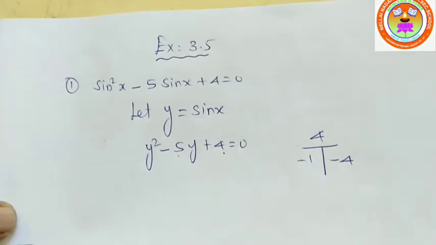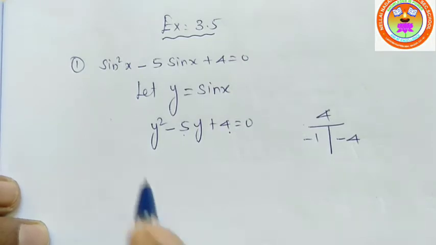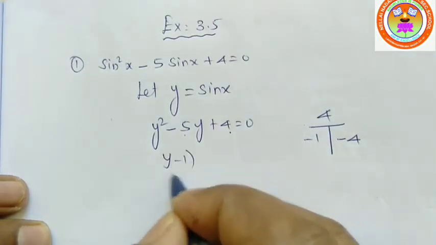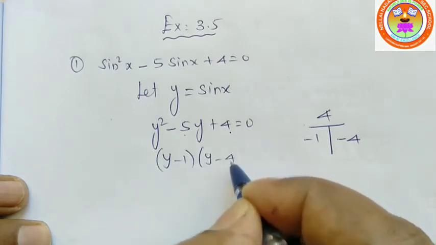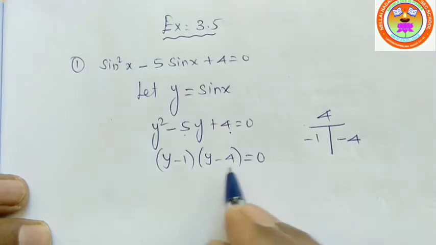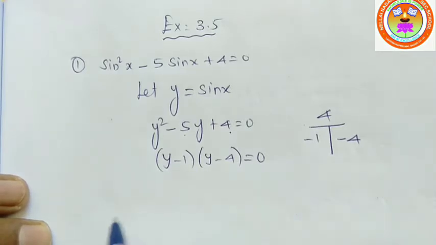So this quadratic equation can be factorized into y minus 1 into y minus 4, which is equal to 0. The product of two terms is 0, so either the first term is 0 or the second term is 0.